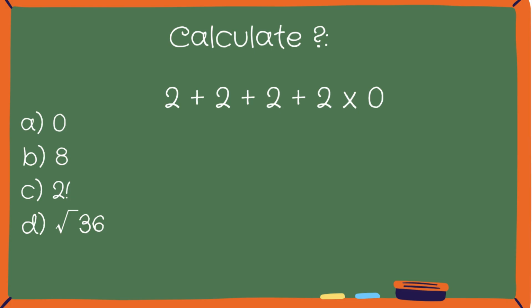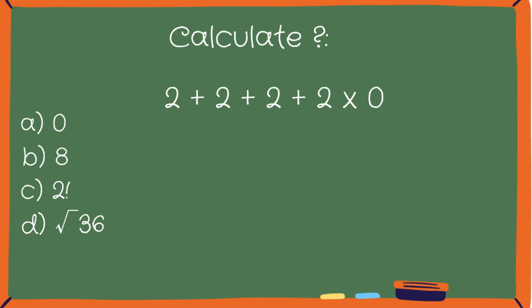What does the order of operations tell me when I have combined operations of addition and multiplication? The rule tells me that multiplication is hierarchically more important, and I must start with that. So what am I going to do now? I'm going to rewrite it. Look, I'm going to have here 2 plus 2 plus 2, plus now comes the product, 2 multiplied by 0.